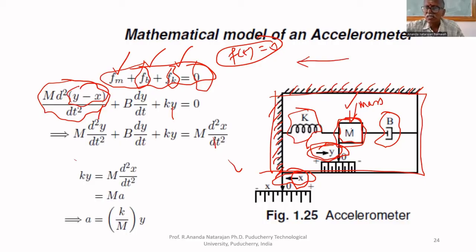This mass M also moves in this direction by x, since it is attached to that mass. At the same time, this mass moves to the right, as we mentioned, by a displacement of y. Now, what is the net displacement of the mass?